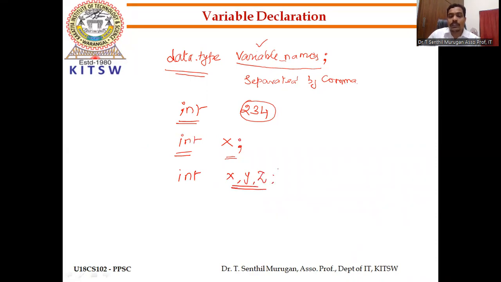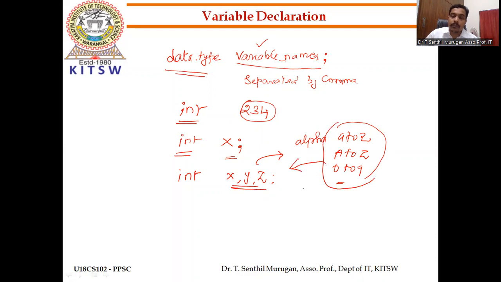So how can we use this variable? We already discussed some rules. It may be a combination of alphabets, A to Z, capital A to Z, and number digits 0 to 9 and underscore. You can write the variable name with these combinations. But the only condition is that it starts with an underscore or a character, not digits.